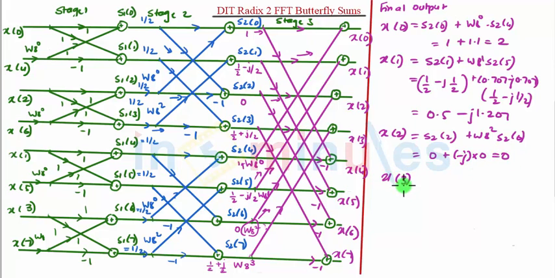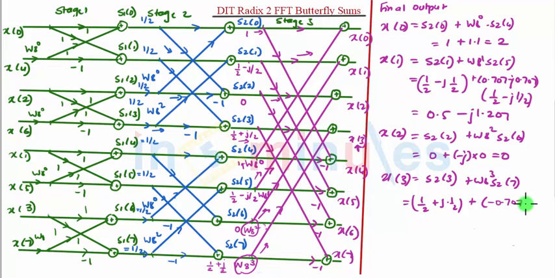x of 3, that is this point, has an input from s2 of 3 and s2 of 7 multiplied by this factor, that is W raised to 3. So that is s2 of 3 plus W raised to 3, that would give us s2 of 7. So half plus j into half plus minus 0.707 minus j into 0.707, again multiplied by half plus j into half, that is j by 2.